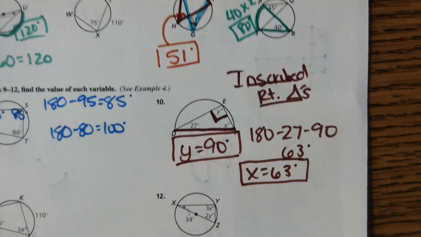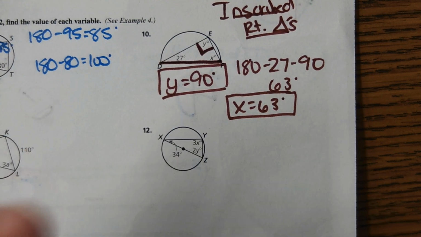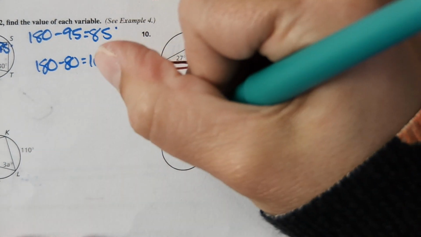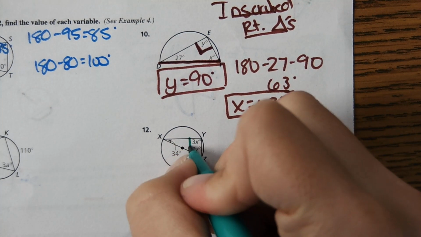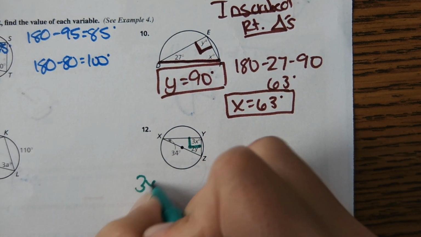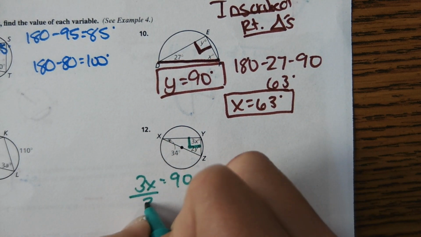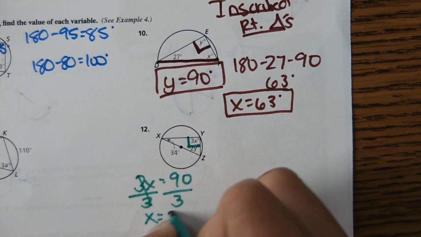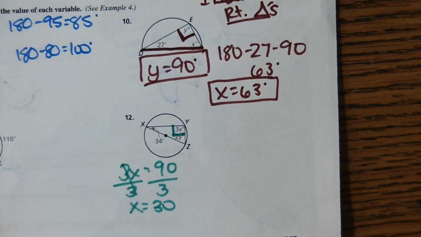Okay, and then number 12 down here, also an inscribed triangle. It shows that the longest side is the diameter, so therefore this has to be 90 degrees, so 3x equals 90. That means x equals 30, just solving it out.